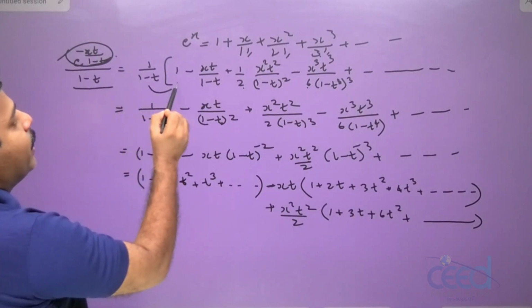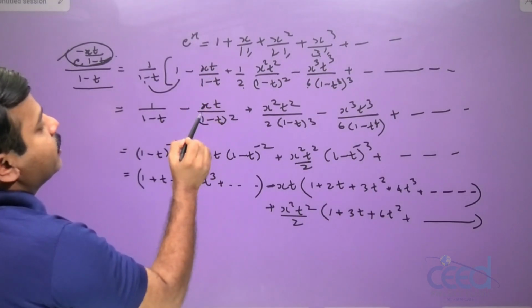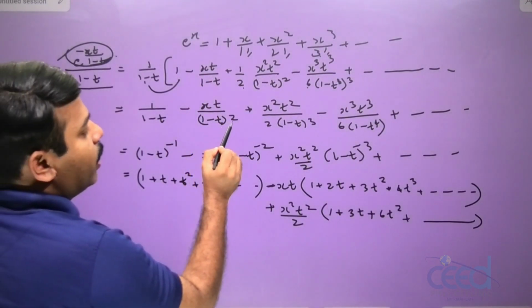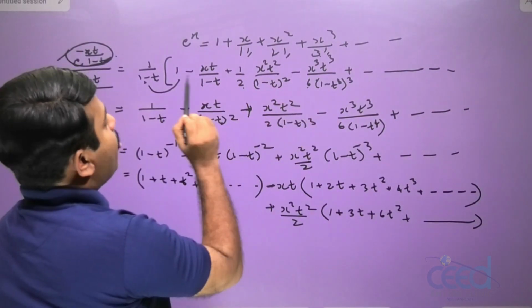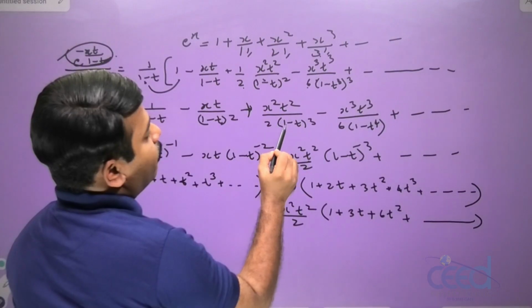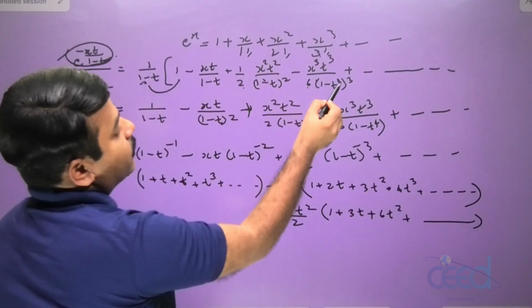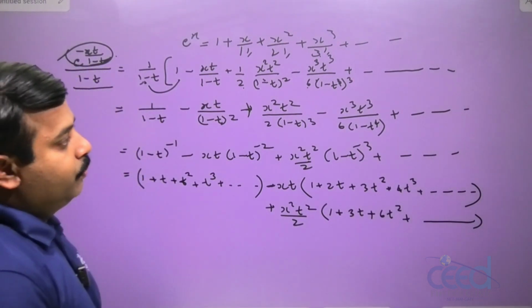Then multiply here 1 by 1 minus t, multiplying this gives xt into 1 minus t square, plus multiplying this and this term, x square t square by 2 into 1 minus t cube, and multiplying this, x cube t cube by 6 into 1 minus t raised to 4.